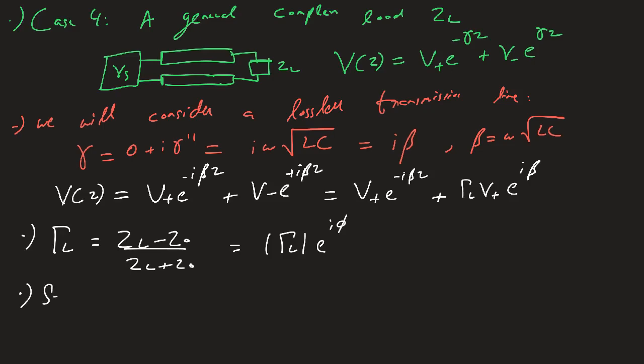So V of z becomes equal to V plus e to the minus iota beta z, right, plus the magnitude of gamma L times e to the iota beta z plus iota times phi, right?